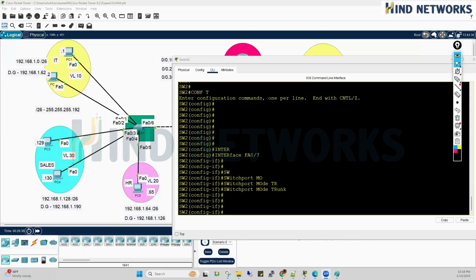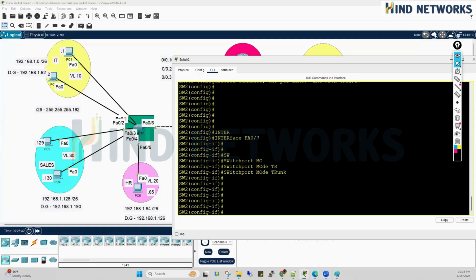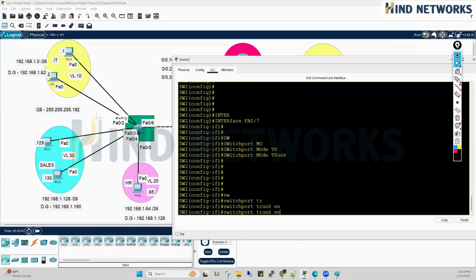Okay. So this is the command by which you can configure this port as the trunk port. After that, for example, if you want to change, switchport trunk encapsulation, I don't know why it is not taking. What is the command, guys? Switchport trunk encapsulation.